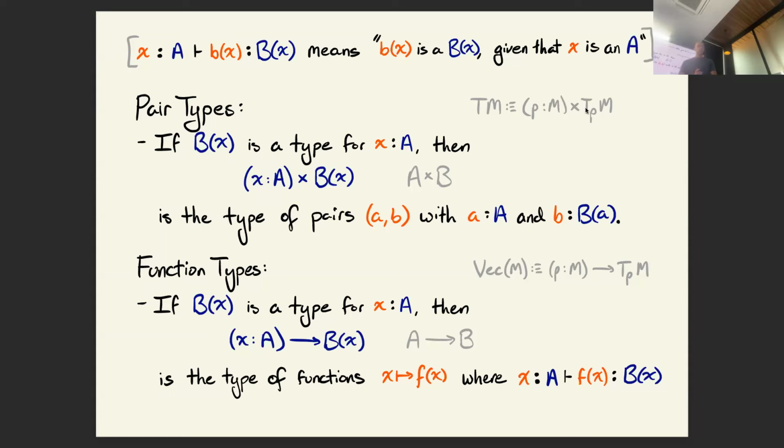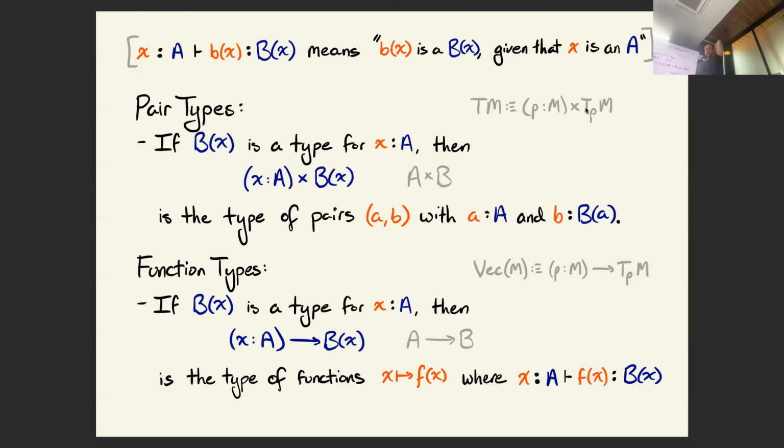Now we also have function types. And here, again, if B of x is a type that makes sense for any x of type A, then we have the type of functions, whose elements are functions f of x, depending on x of type A, where f of x lives in B of x for every x in A. To go back to our example, if we have a function that takes a point of a manifold and gives a tangent vector at that point, that's what a vector field is.